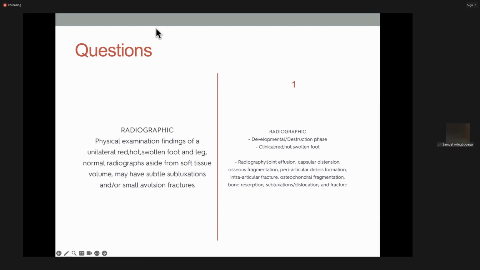Let's see. What do we have here? Debbie. Yes. Let's read this together. On a radiograph, you see a unilateral red hot swollen foot and leg. Normal radiograph with soft tissue swelling. What do you think?